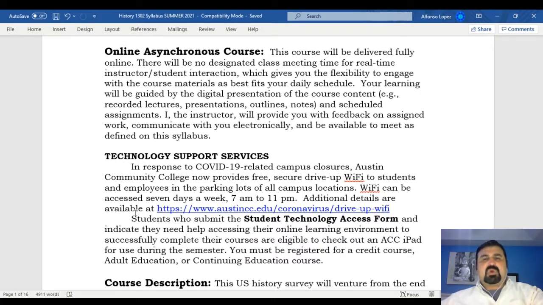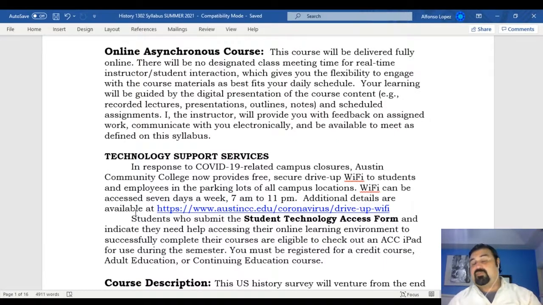Okay, so it's very important to note, however, that the instruction will be delivered online, very specifically through Blackboard. We're not going to be meeting on Blackboard, but all the instruction and all the materials are going to be posted there. I'm going to explain in a few minutes how the instruction is going to be carried out.